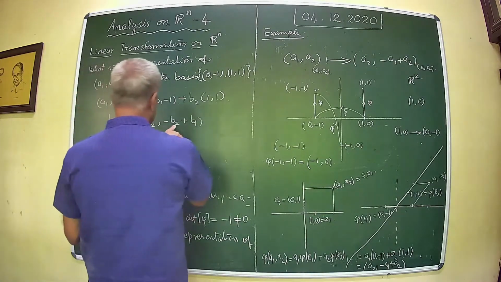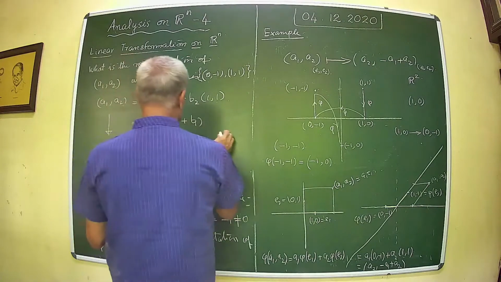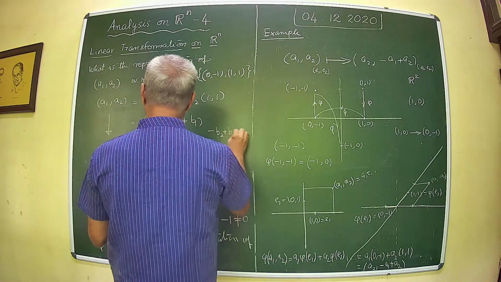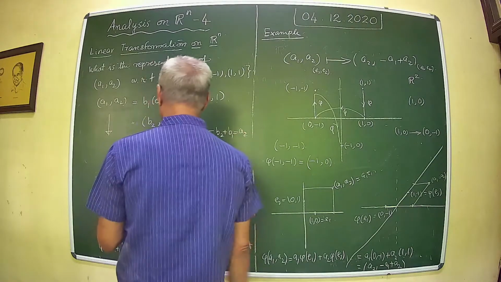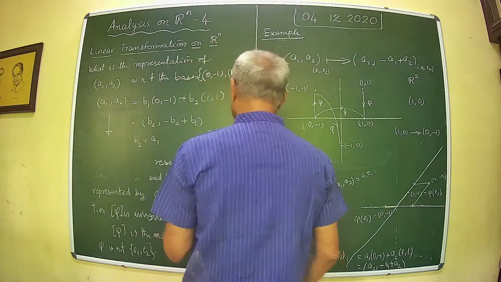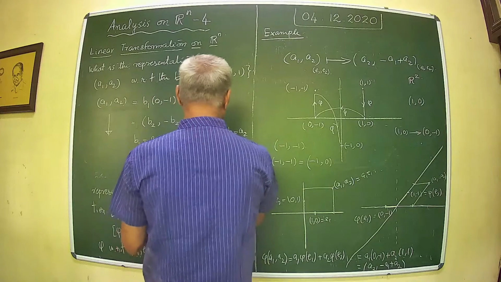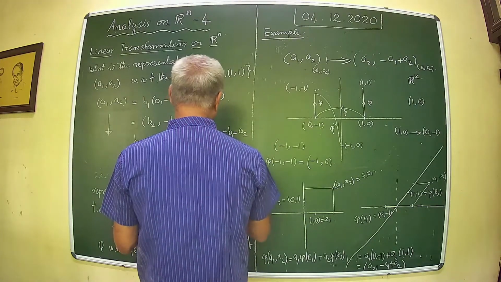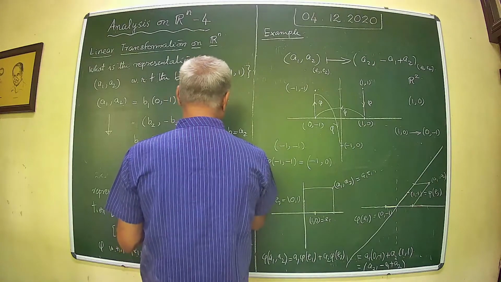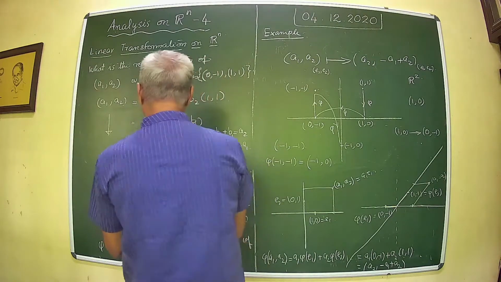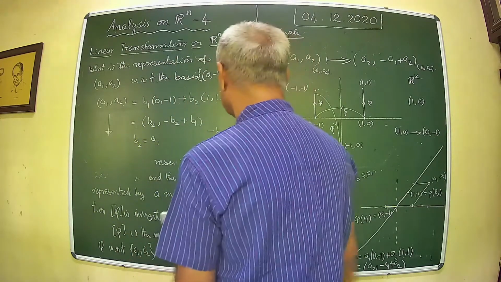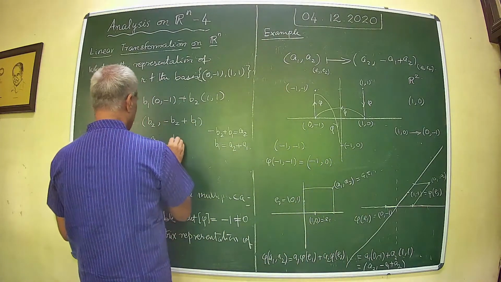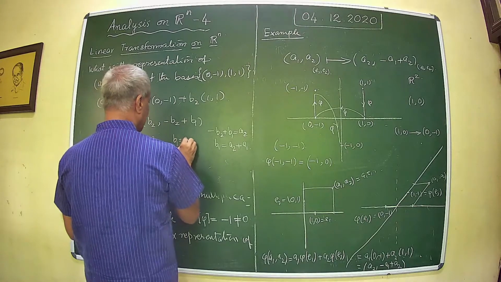If B2 is A1, then you have the second equation minus B2 plus B1 equal to A2. Therefore, B2 is A1. So I have B1 equal to A2.